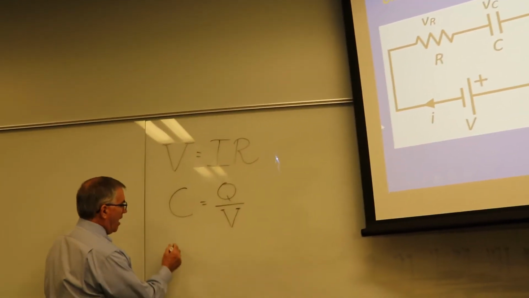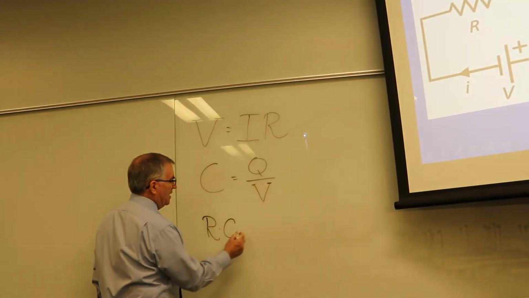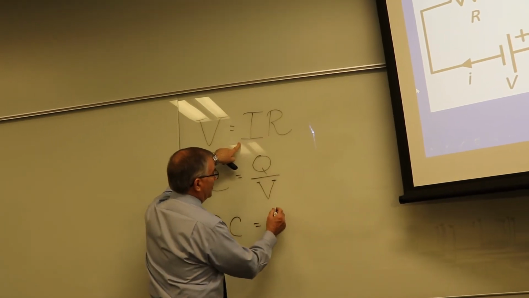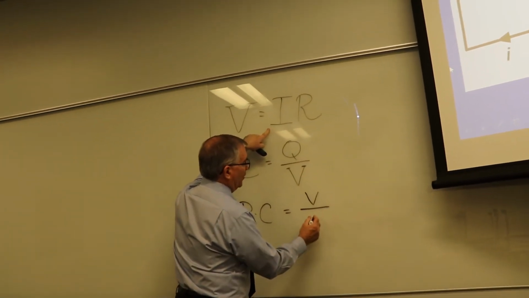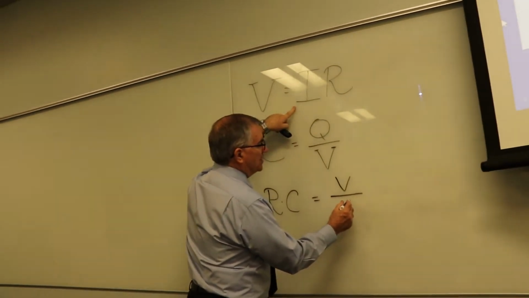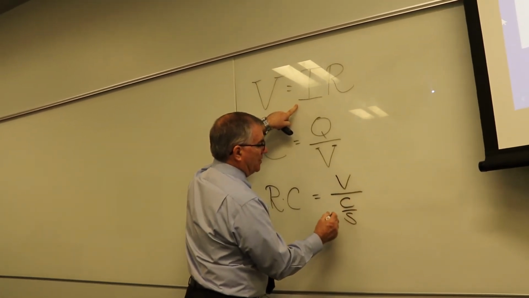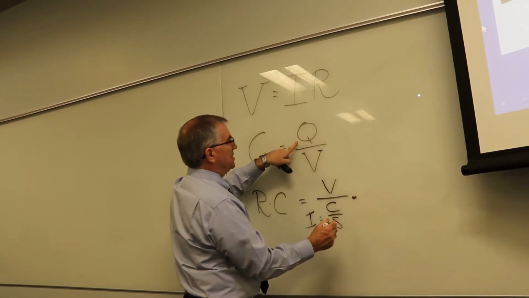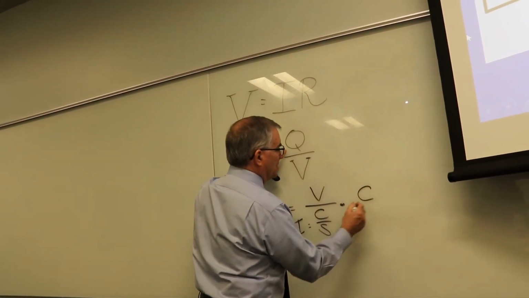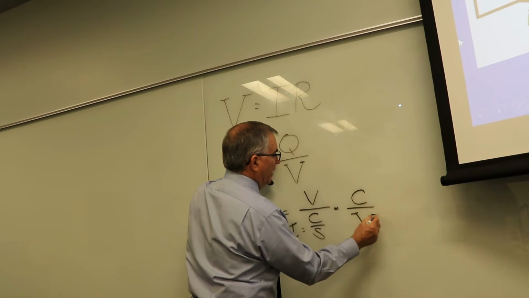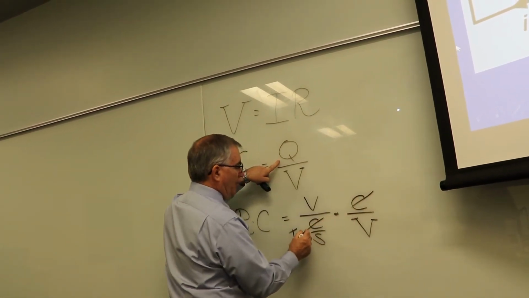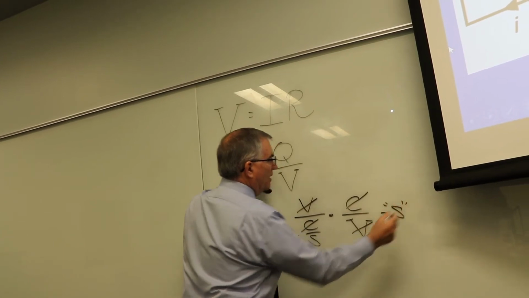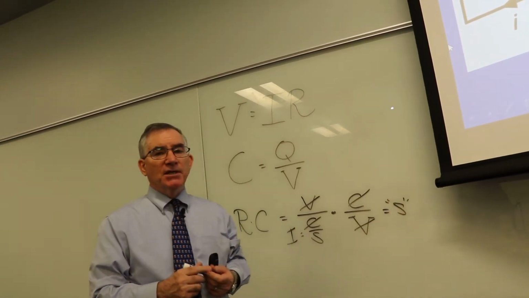So if I take R and I multiply by C and then plug in what they are, you can see R over here is equal to voltage over current. And remember, current is in coulombs per second. And then I'm going to multiply by C, and you see C over here is coulombs over volts. And you can see the C goes out, the V goes out, and then you're left with seconds. And so that's a time constant right there.